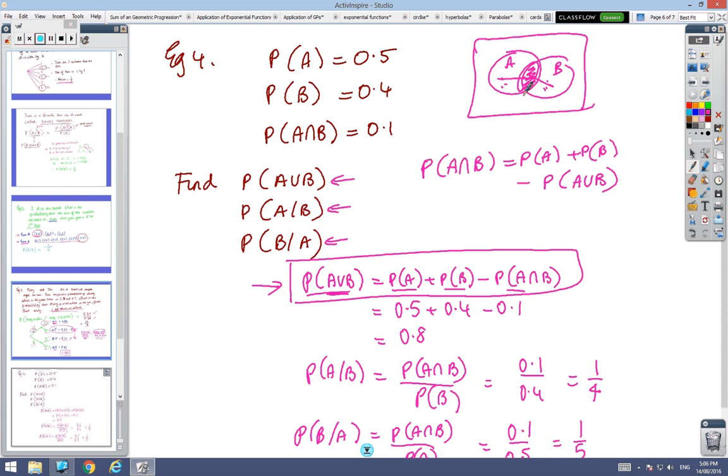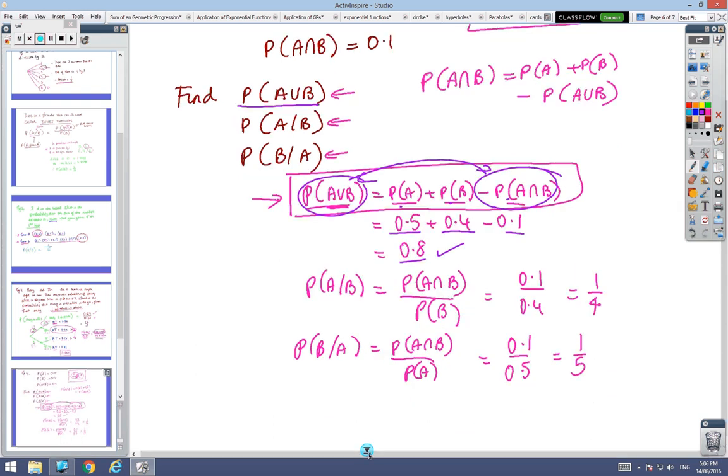To get the second formula, those terms can change spots just by moving them to other sides. In this particular one, if I want A union B, I have A plus B minus the intersection, which is 0.8. Once I've got that, A given B or B given A is just the formulas. A given B is the intersection over the second letter B, and B given A is the intersection over the second letter, which is A, and you end up with those answers there.